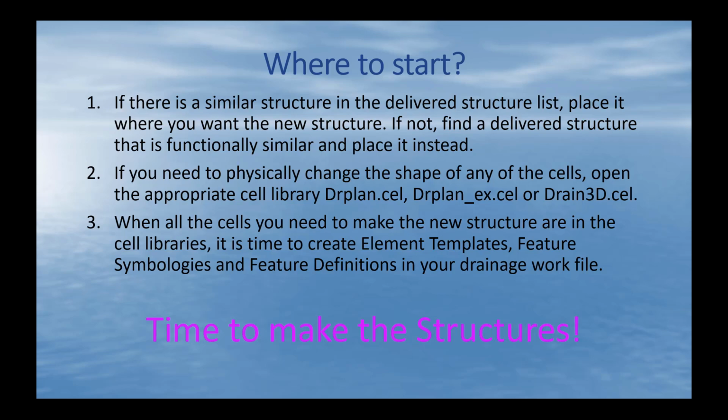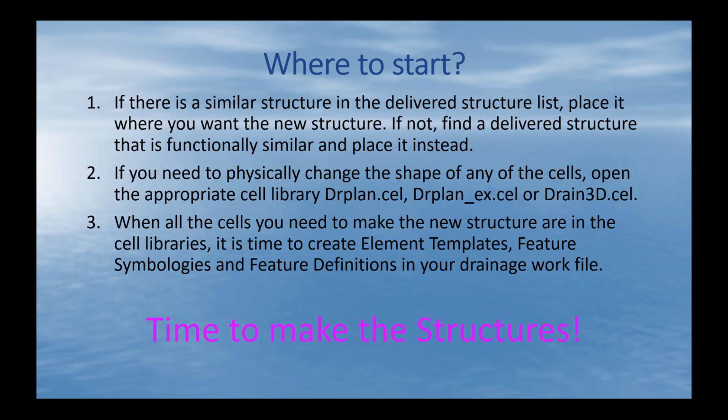You'll need to open those and make modifications within the particular cell library that is needed for the custom structure you are designing. When all the cells you need to make the new structure are in the cell libraries, it is time to create the element templates, feature symbologies, and feature definitions in your drainage work file.